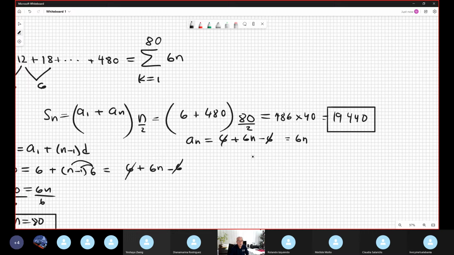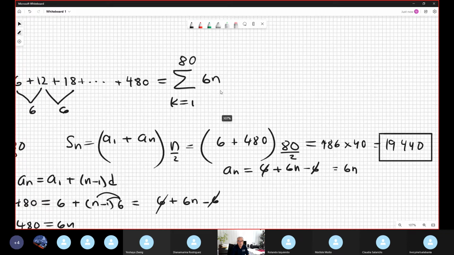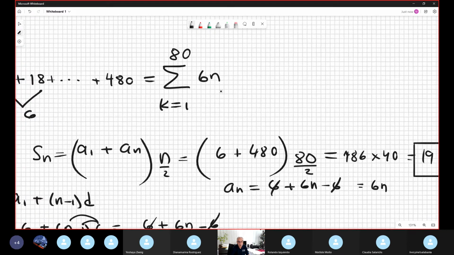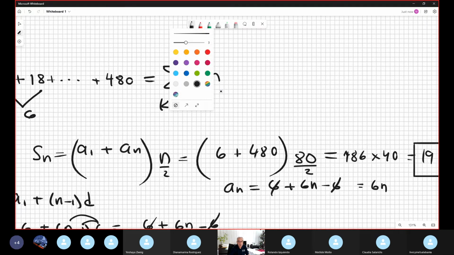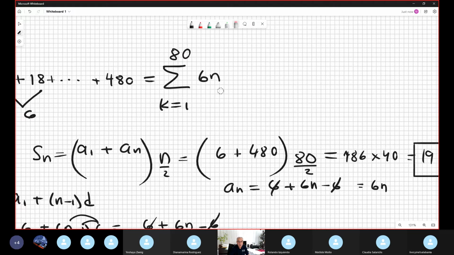Okay, but in this case, wait, I made a mistake here. When you manipulate this equation, I put n. Actually, you put k here because the index variable is k, not n. You declare in the summation notation that this is k. And this 6 is a common factor, you factor it out. So multiplication 80, 81 divided by 2.